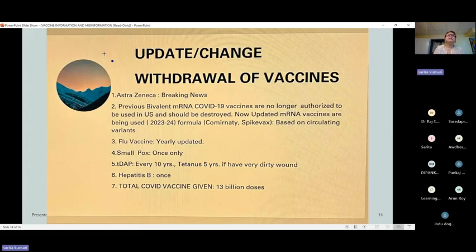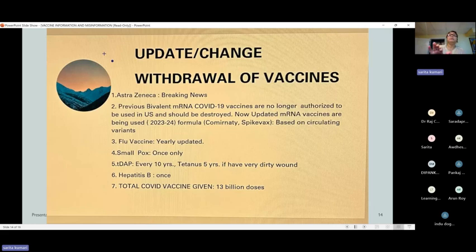That's all. In the case of Tdap, which is tetanus, diphtheria, and pertussis, I think in India children get it but adults do not, which is the wrong thing, because you can have pertussis even when you are older. It should be taken every 10 years.